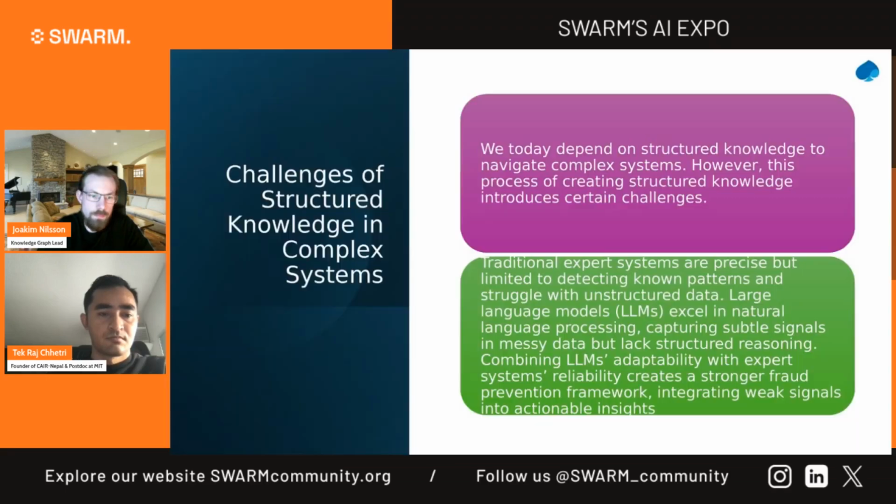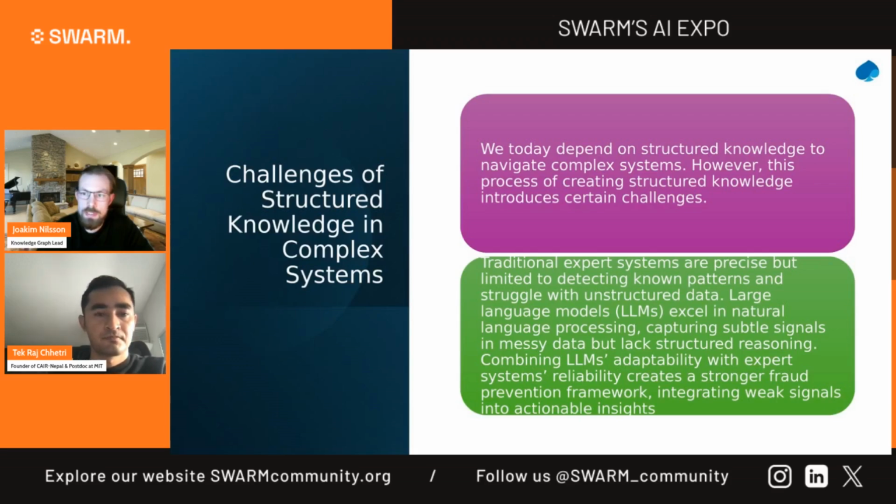This is a very interesting area where today we depend on structured knowledge to navigate complex systems. However, this process of creating structured knowledge introduces certain challenges. Traditional expert systems are precise but limited to detecting known patterns and can struggle with unstructured data.